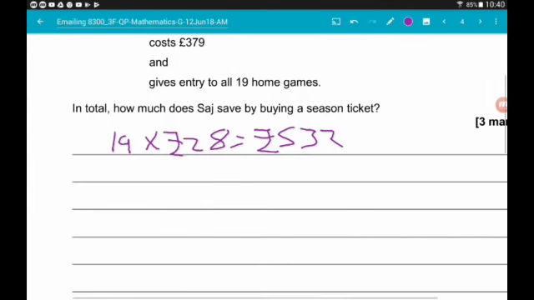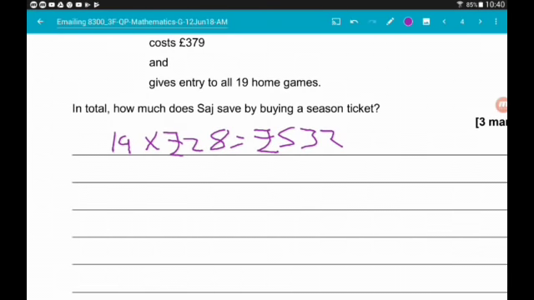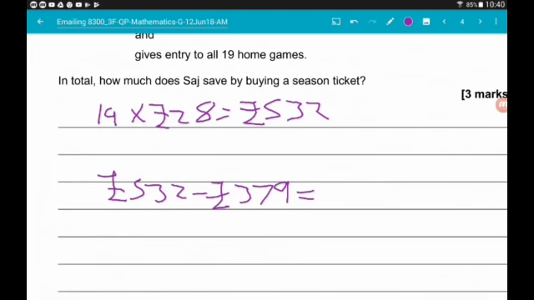So the amount he would save is 532 minus 379, which is going to be £153. So that's our answer.